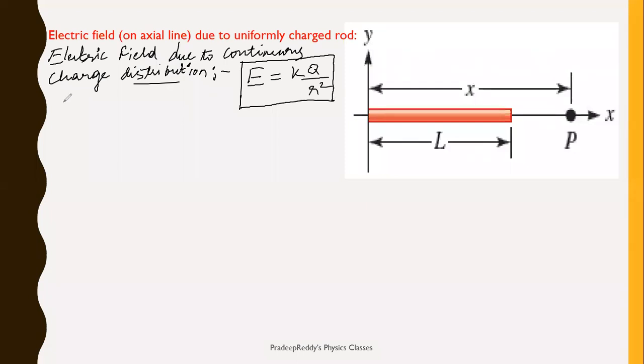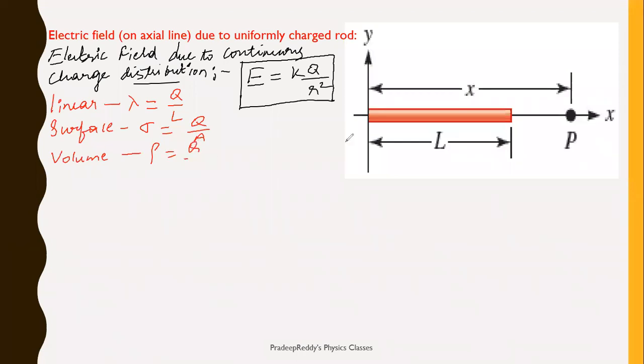They are linear charge distribution, denoted with lambda, which is equal to capital Q divided by L. Similarly, surface charge distribution, which is for area, is sigma, which is Q divided by A. And volume charge distribution is rho, which is Q divided by V.